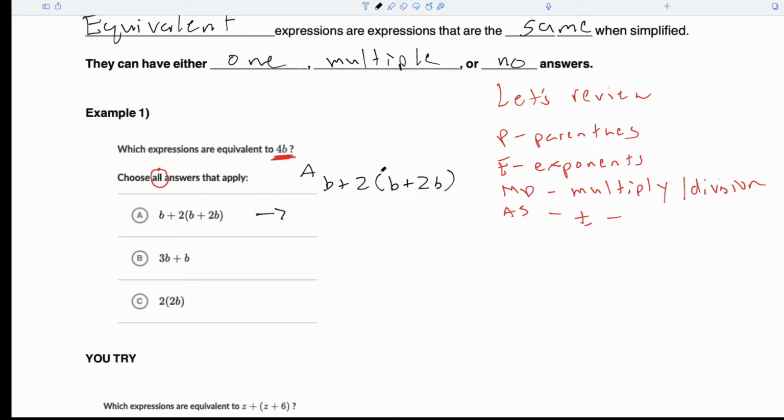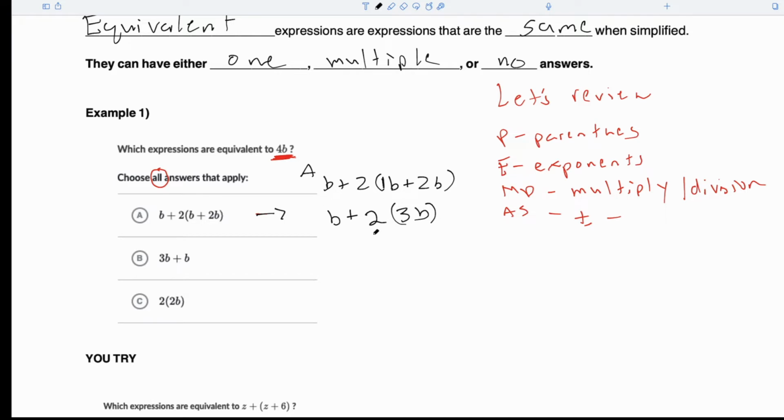Rewrite this to the right of your problem. Bryden, what do you see that I can simplify? You can simplify the parentheses. Okay, and what can I simplify it to? 3b. Since they're the same term, they both have a b. 1b, this is really just a 1 in front of the variable, plus 2b is 3b. So we have a 2 on the outside, and a b we can take over.